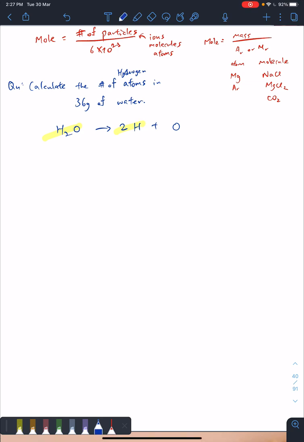Second step, change to mole. So mole of water is 36 divided by 2(1) plus 16, equal to 2 mole. Then the third step of my hashtag hack is ratio. So you can see here 1 H2O is to 2H.